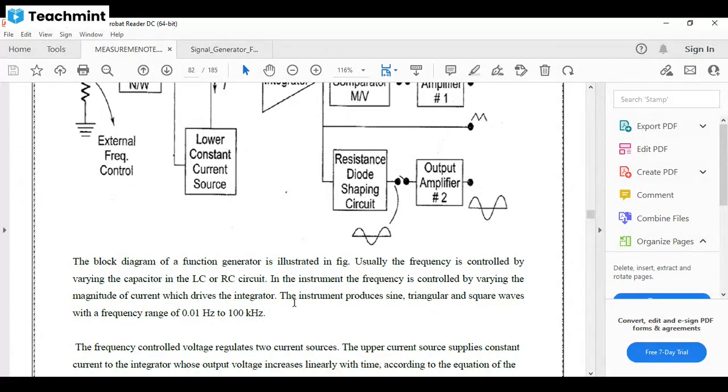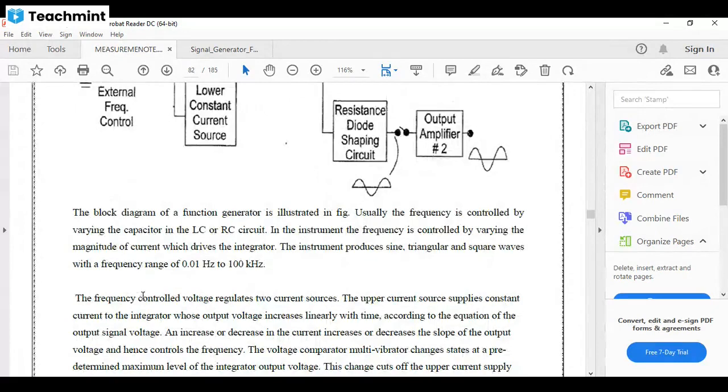The instrument produces sine, triangular and square waves with a frequency range of 0.01 hertz to several hundred hertz, meaning 100 kilohertz, and the frequency control voltage regulates two current sources.